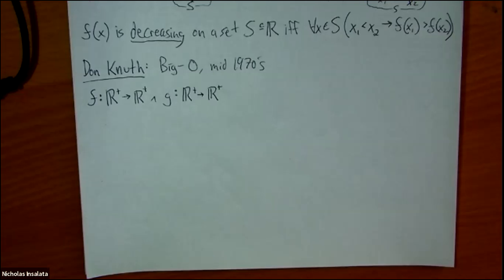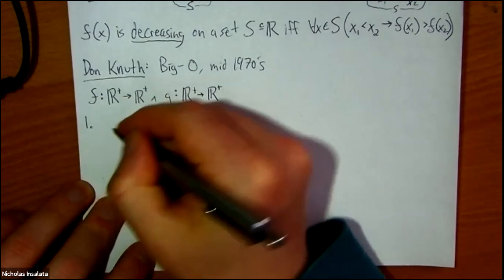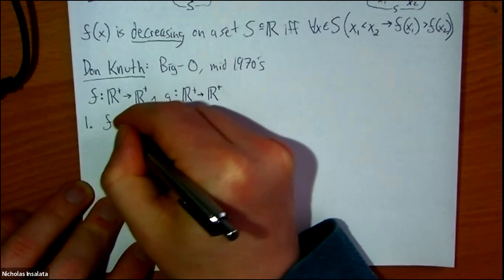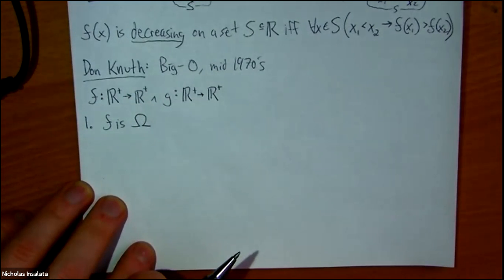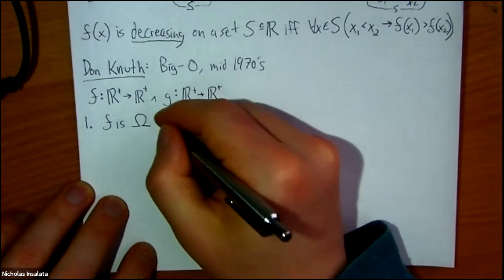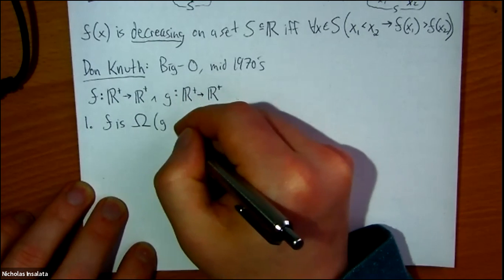Now, what we're going to do is compare f and g, okay? So our first one, f is omega, that's an omega, right? Of g, we could say g of x.